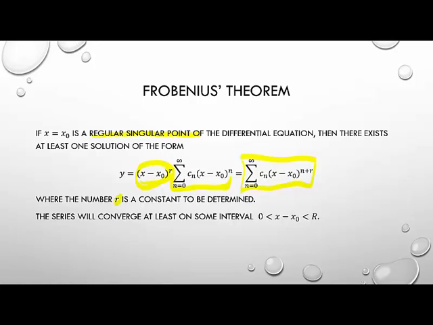Now, this r is yet to be determined when we do the problem. We're going to try to find a way to get r a little bit sooner through a formula and this equation called an indicial equation.